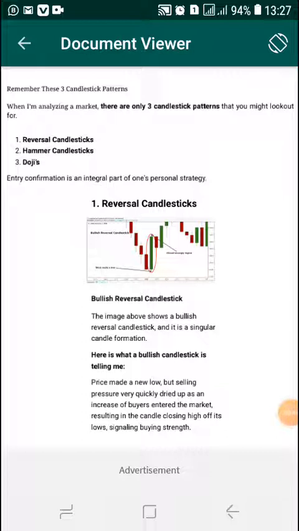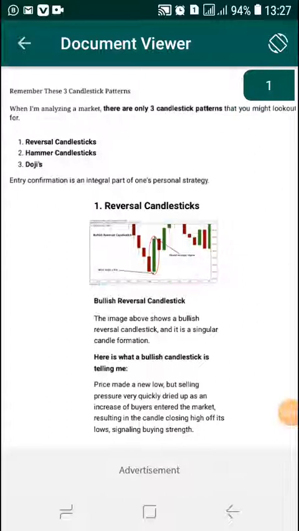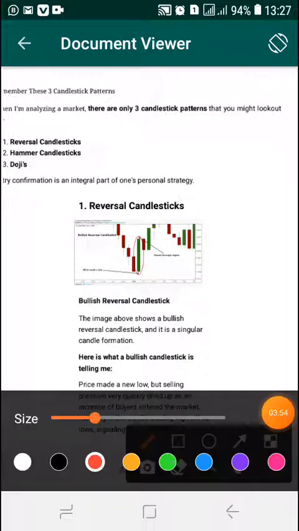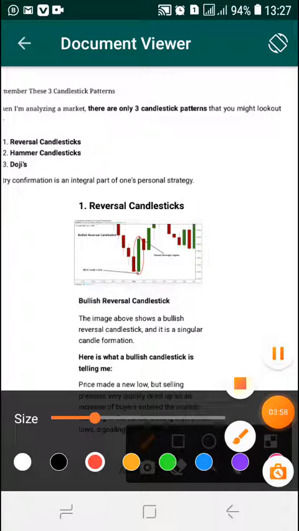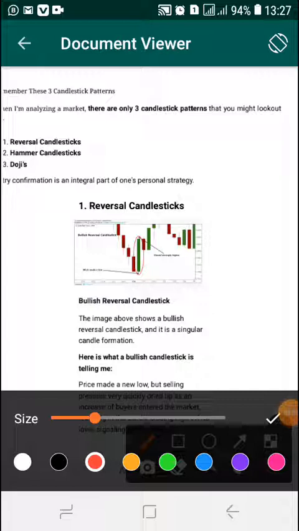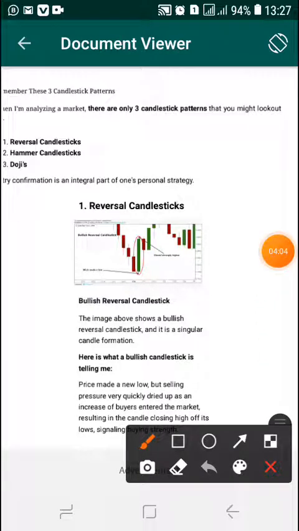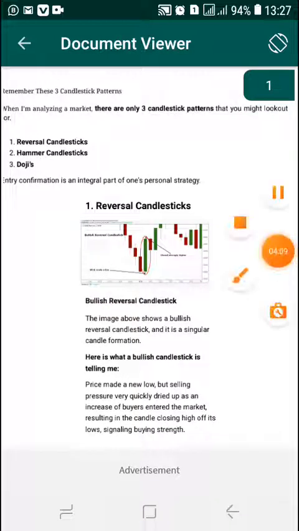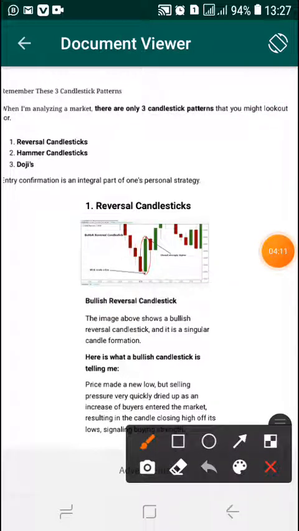There are other traders that would use an entry system. Say for example, the market is going down. My pen doesn't want to write, I don't know why.